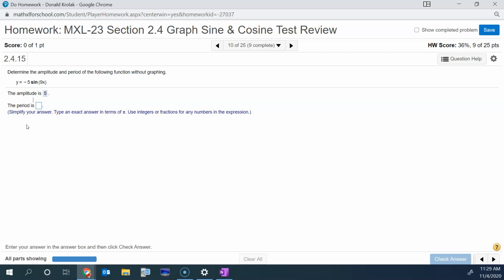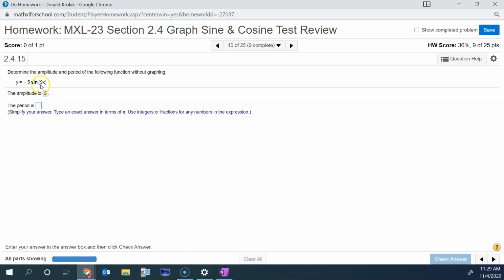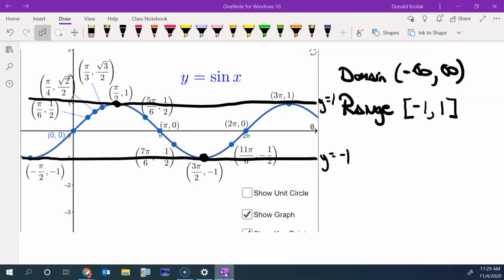Ruben, how are we going to, on mine, how would I get the period? Not multiply. Divide. Divide what? Yep. So I'm going to have pi over 2 divided by 9. And we can't do any simplifying on that.